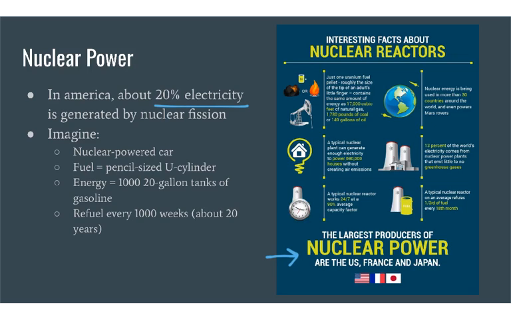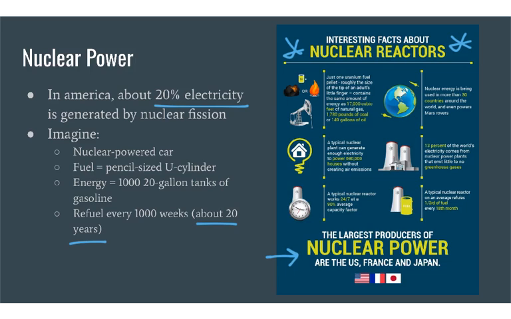We can make that much energy in a small, compact, almost battery-type thing. Refuel every 1,000 weeks. So that's every 20 years we would be refueling if we could run our vehicles on nuclear energy. So this little blurb over here, if you want to pause the video and read it, has some interesting facts about nuclear reactors and the energy that we produce with them.